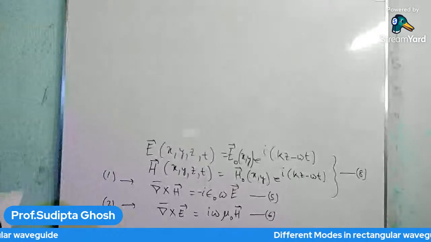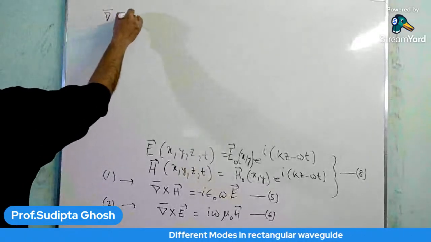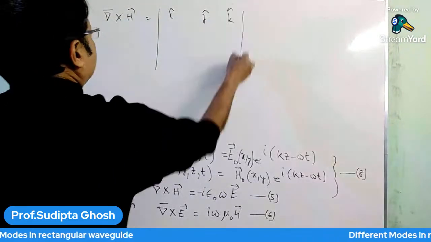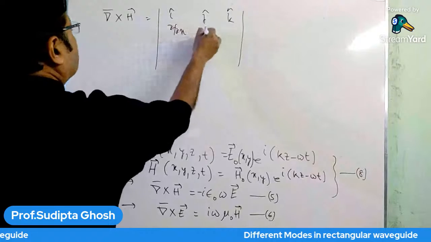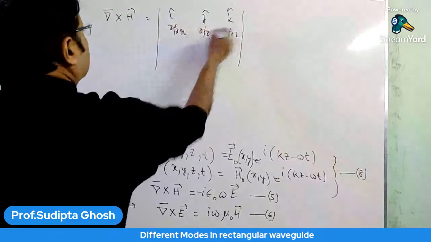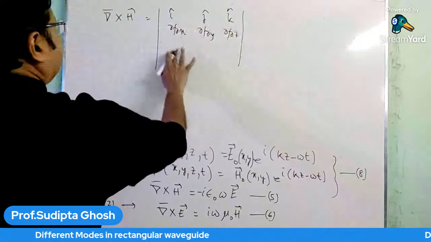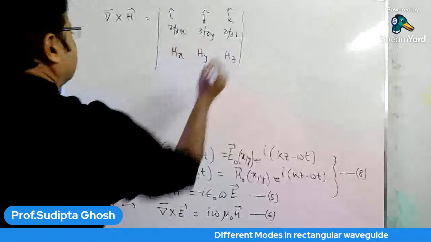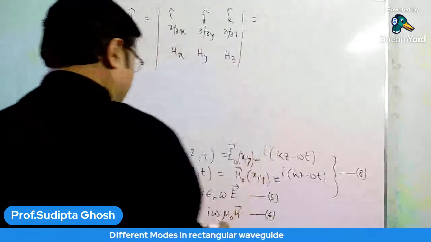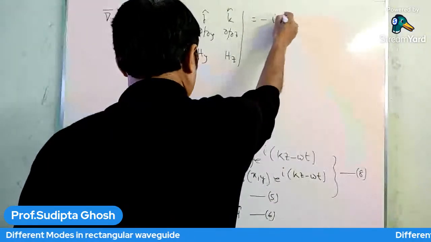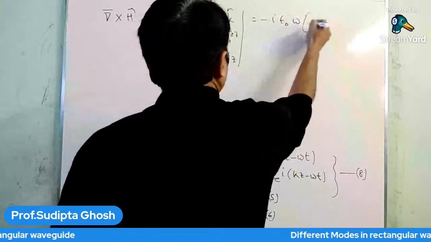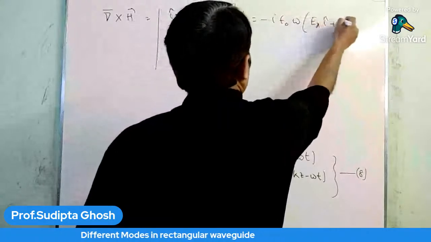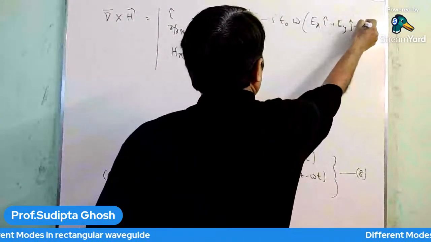So curl of H, and that means the determinant of i cap, j cap, k cap, del del x, del del y, del del z, then Hx, Hy, and Hz, and this will be equal to minus i epsilon 0 omega times E, where E means Ex i cap plus Ey j cap plus Ez k cap.